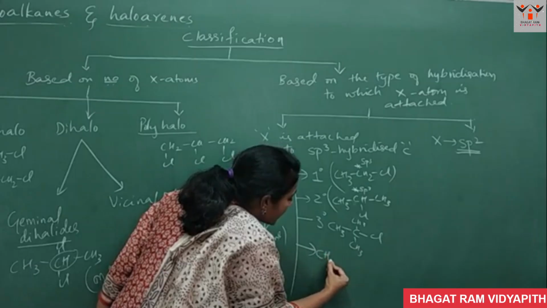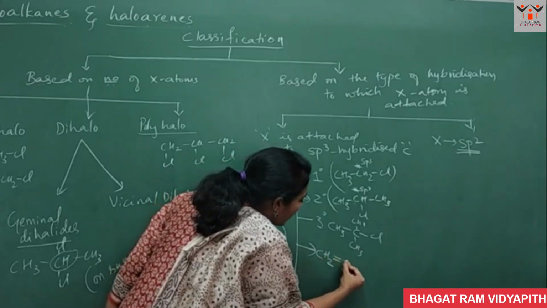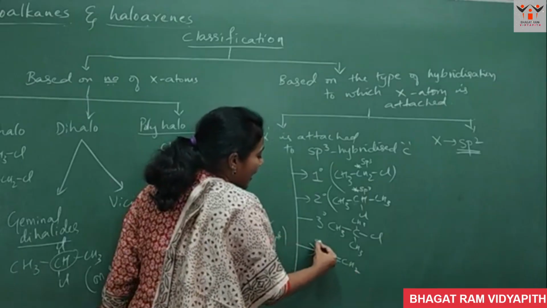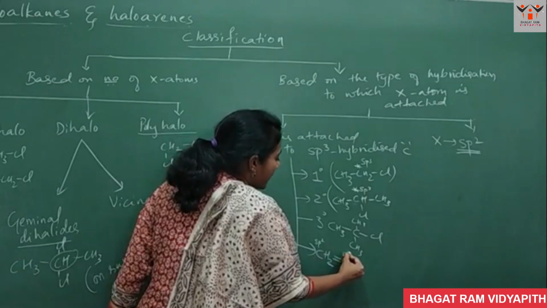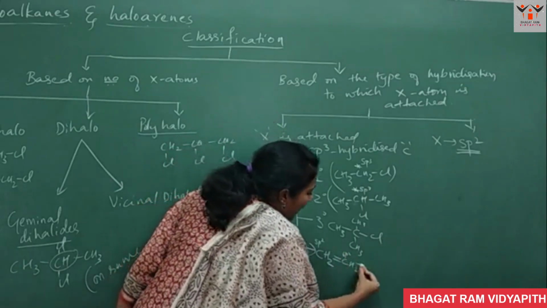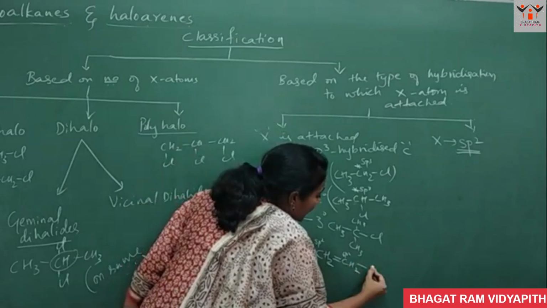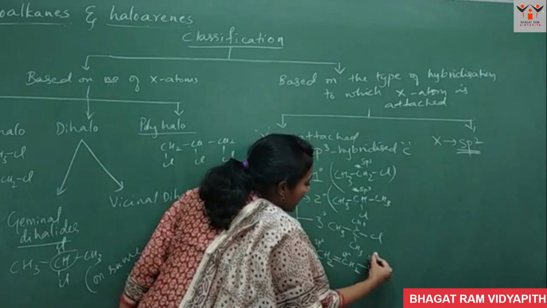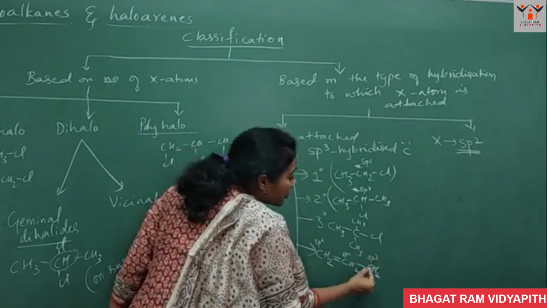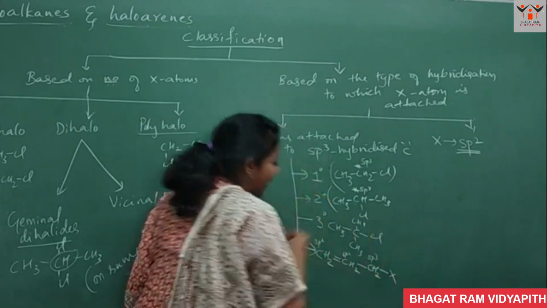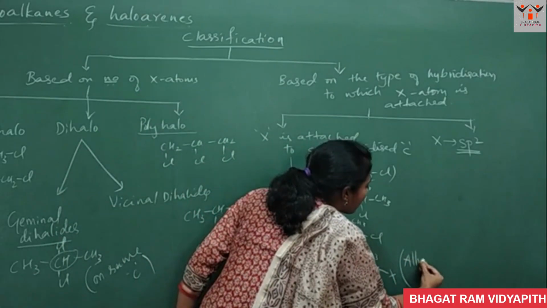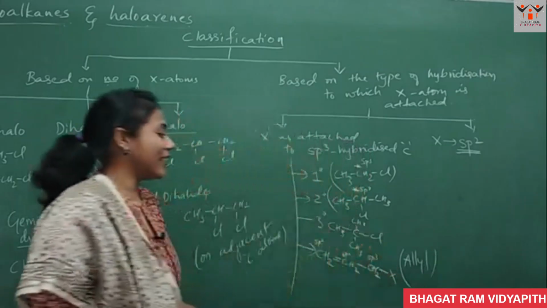Allyl group in the sense, look over here, CH2=CH. The hybridization of these carbons is sp2, right? To this sp2 carbon, there is an sp3 carbon like CH2, so now this carbon's hybridization is sp3. If halogen is attached to this, then it is called an allyl group. So allyl haloalkane it is.